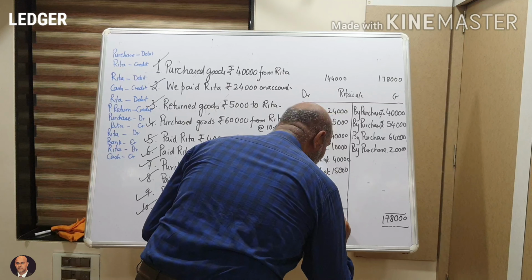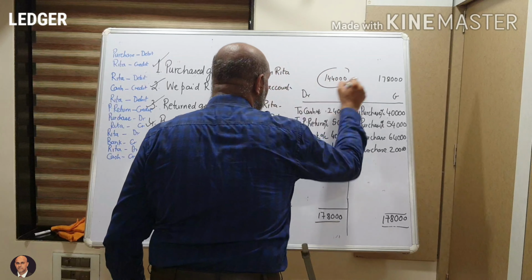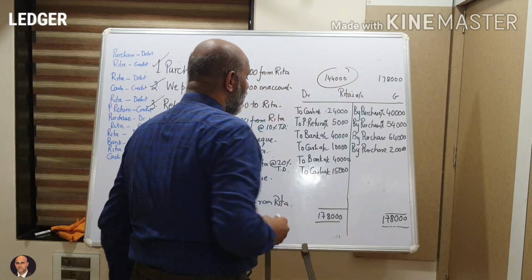Then I come to the side where the figure is less. From this figure of 1,78,000 I minus 1,44,000, which will give me 34,000. This is to balance carried down. So this means that I owe Rita 34,000.